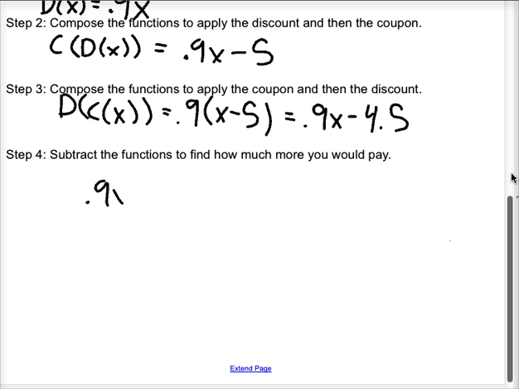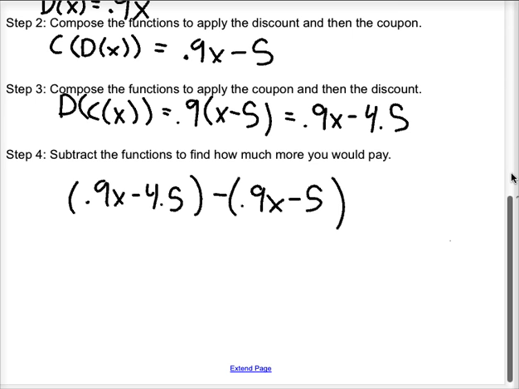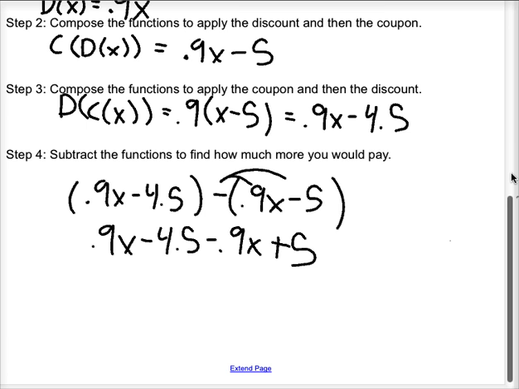So let's take a look. If we want to know how much more we would pay, let's subtract this. So again, when subtracting, I'm going to distribute that negative. So you have 0.9x minus 4.5 minus 0.9x plus 5. Those cancel off. Negative 4.5 plus 5.